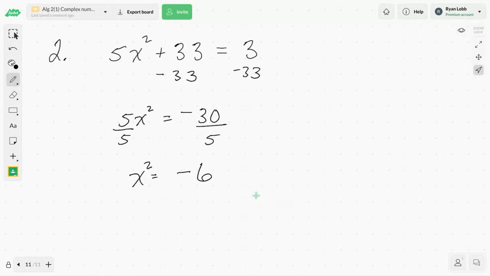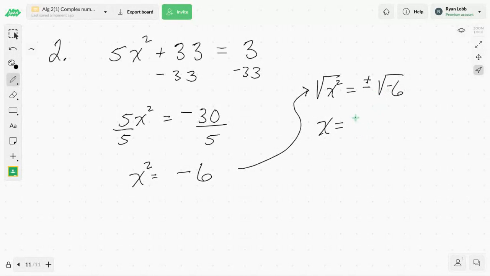Now we're at the point where we're just like the last example. So what are we going to do now? Take the square root of x squared. Do not forget plus minus. Take the square root of a negative 6. X equals plus minus. Now, ready? 6 is 3 times 2, so 6 isn't going to simplify, but the negative 1 comes out as an i.